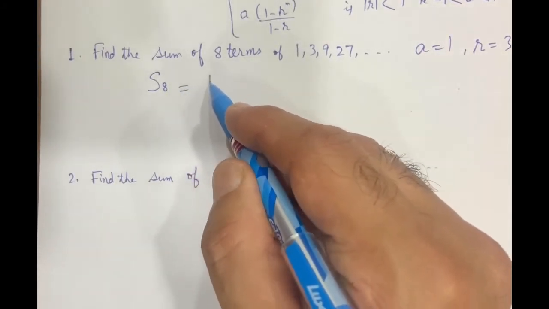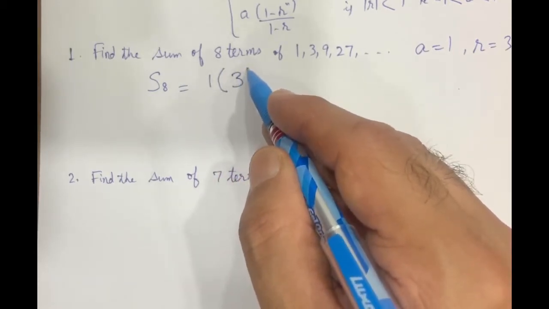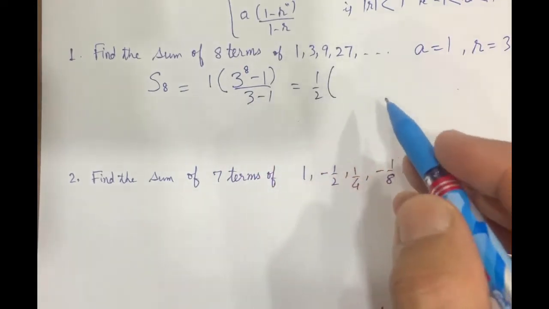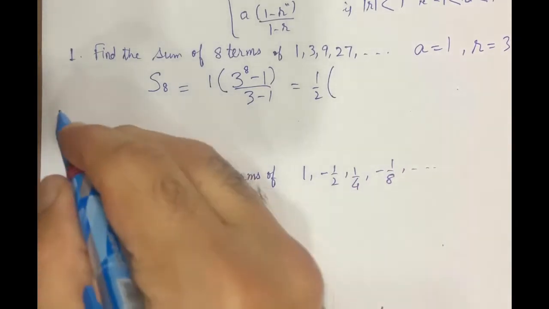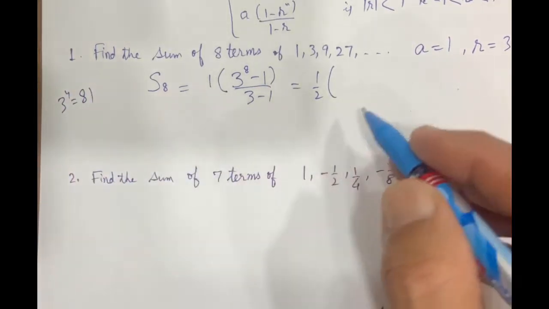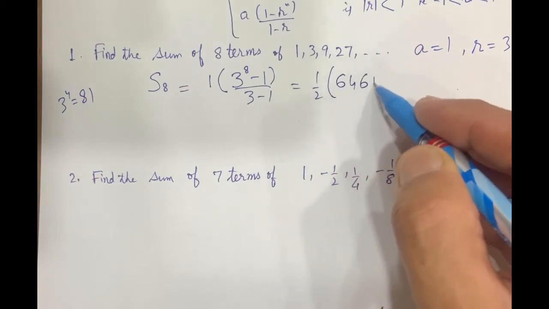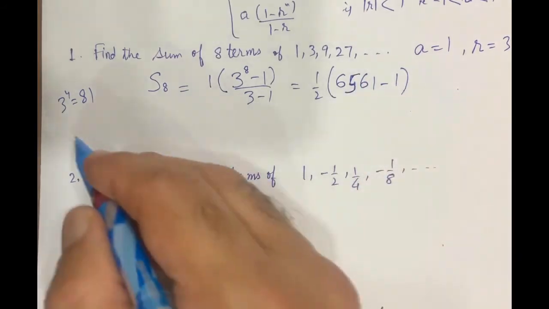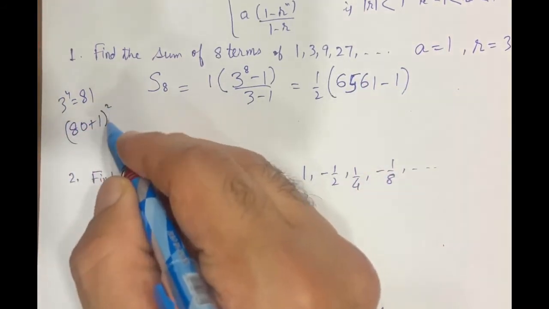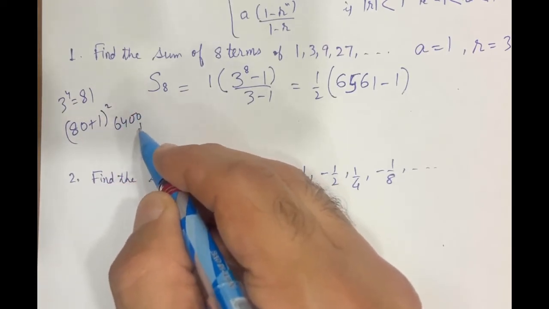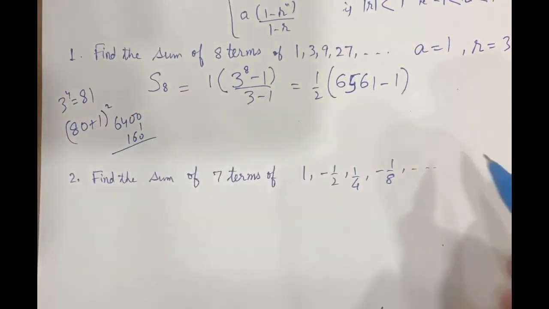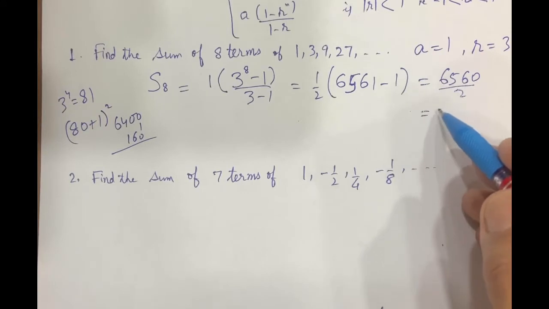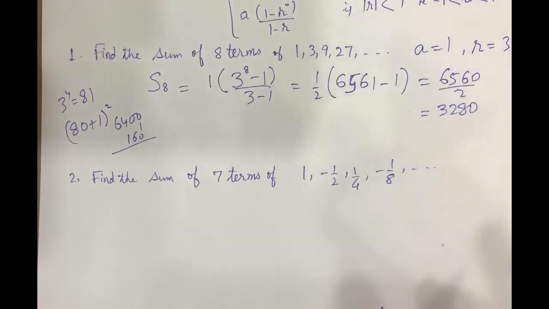This is a, which is 1, into r, which is 3, raised to 8 minus 1 upon 3 minus 1, that's 1 by 2. 3 raised to 4 is 81, so 3 raised to 8 is 81 squared, sorry, 6561. 80 plus 1 whole square, this will be 6400 plus 1 plus 160, so 6561 minus 1, that's 6560 upon 2, and this is 3280. This is the answer.